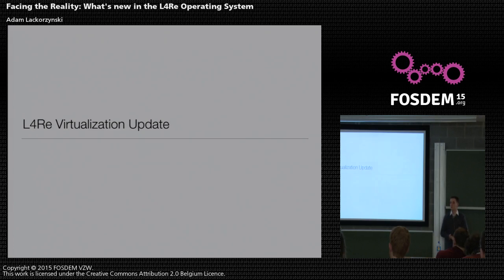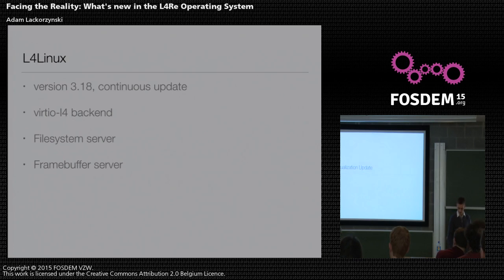We made some big steps in the virtualization support in L4Re. First, of course, L4Linux. L4Linux is still broadly used today because you can also use it on platforms where you don't have hardware virtualization support.